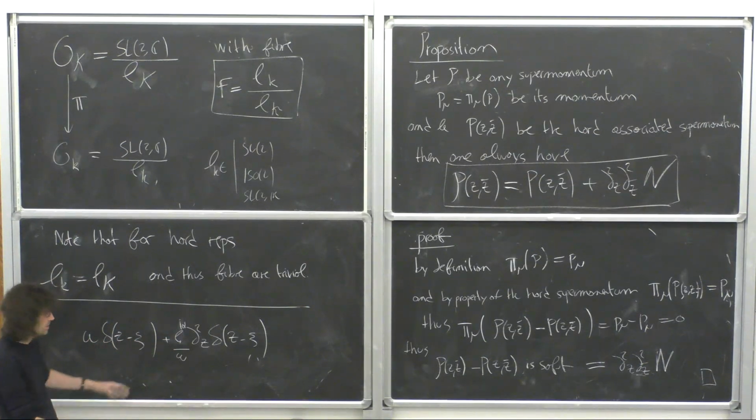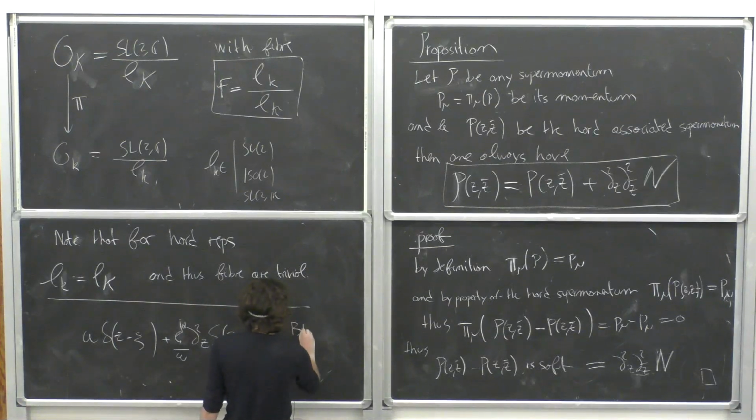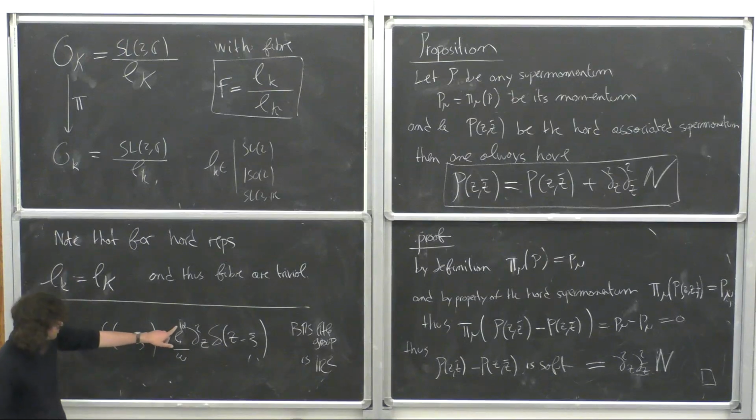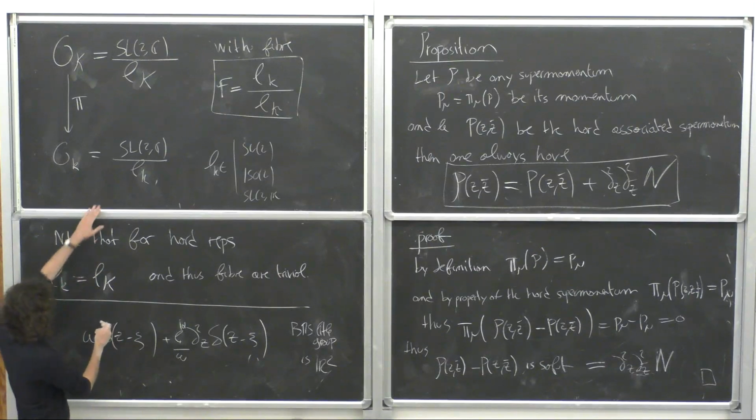This is another representation. The BMS little group is R2 in that case. Now you have an extra alpha because the U1 is not in this orbit.